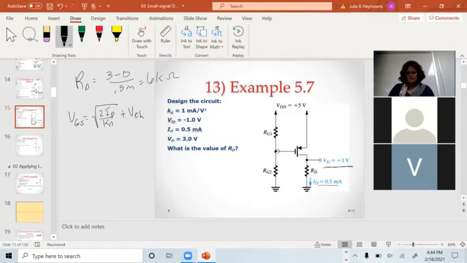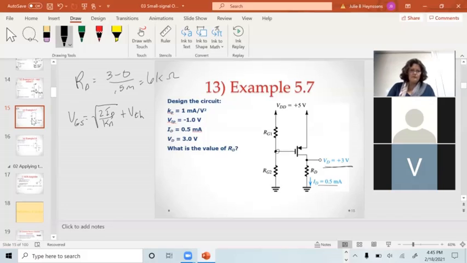I'm going to plug these numbers in. VGS is the square root of 2 times 0.5E minus 3 divided by, in parentheses, 1E minus 3. I don't know W over L, so I can't solve for that. Oh, it's just regular KP, so I'm good.